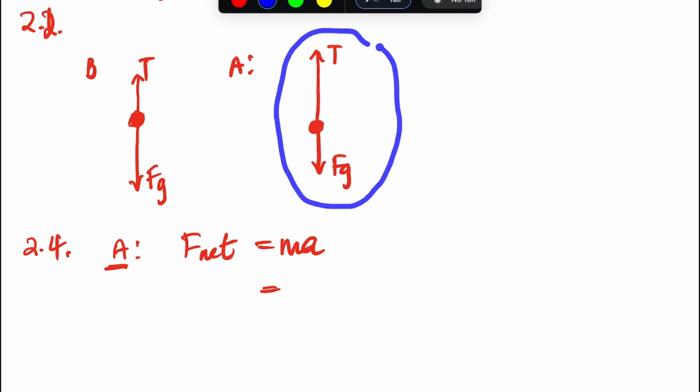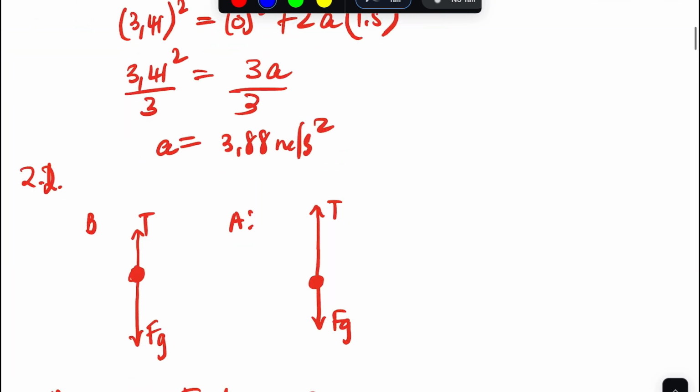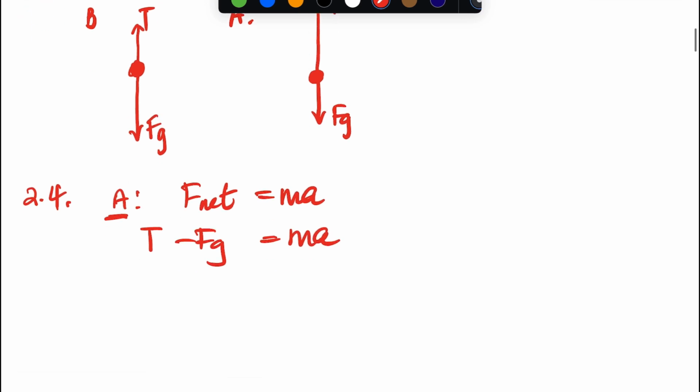You see how important it is to have the free body diagram. In block A, I have a tension force, and remember I said upward is positive and downward is negative. So the tension force here will be positive. So we'll have the positive tension force minus the gravitational force is equal to ma.